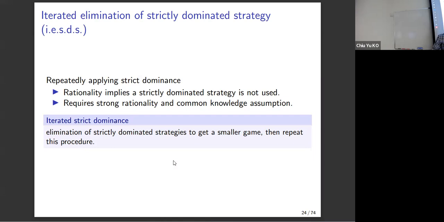I guess when you were a kid, you played tic-tac-toe. At least for me, up until primary 3, I still found it interesting. But obviously after that, you know there's a non-losing strategy.